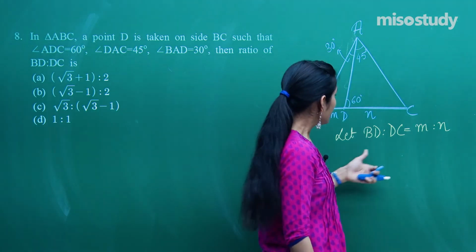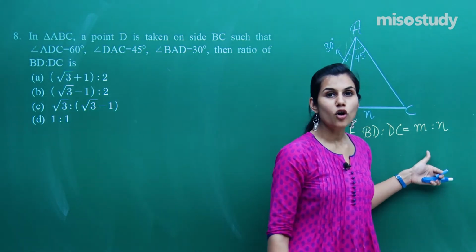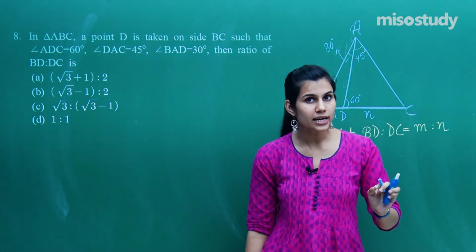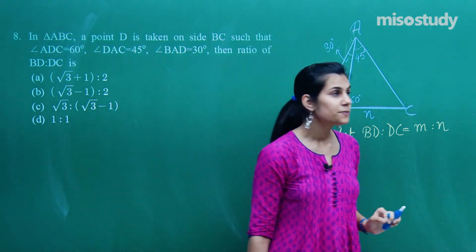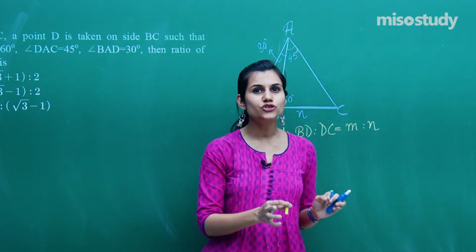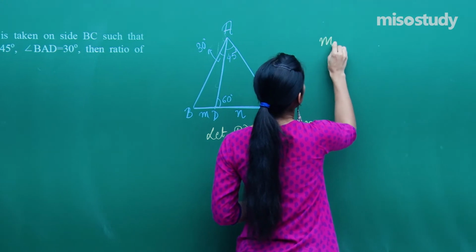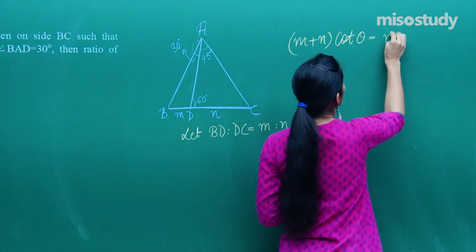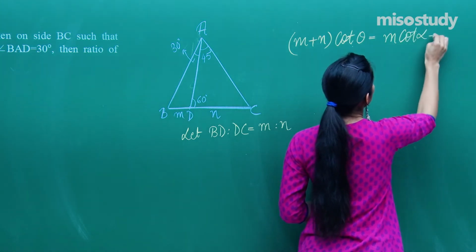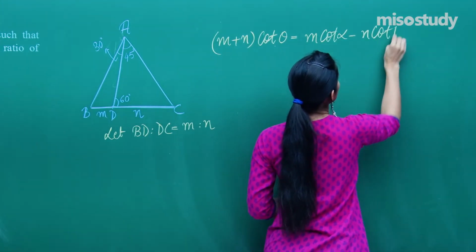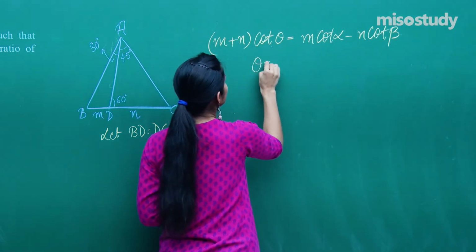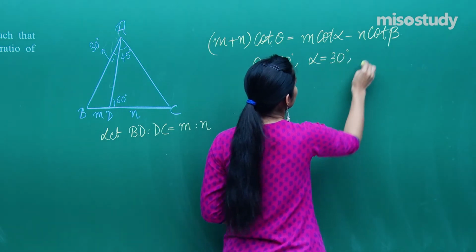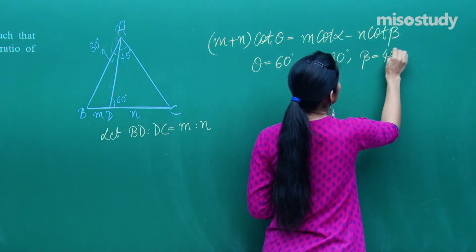Understood? The moment we talk about ratio, sides are given, angles are given in a certain fashion. If you remember the cotangent rule, you are going to get M plus N cot theta equals M cot alpha minus N cot beta, where your theta is 60 degrees, alpha is 30 degrees and beta is 45.